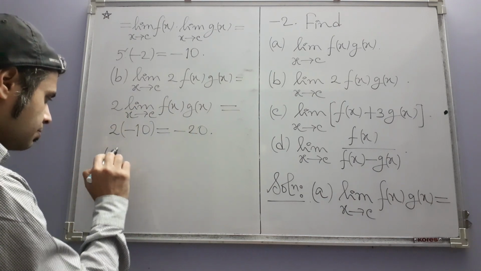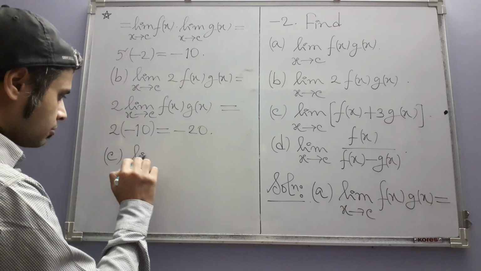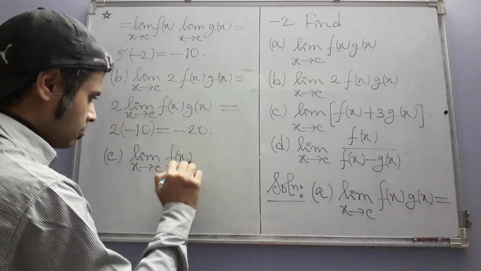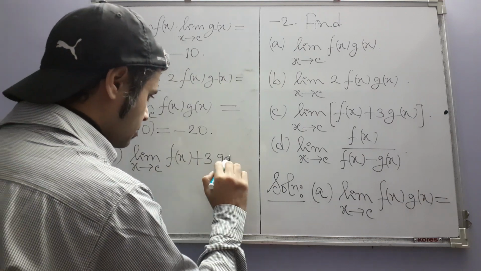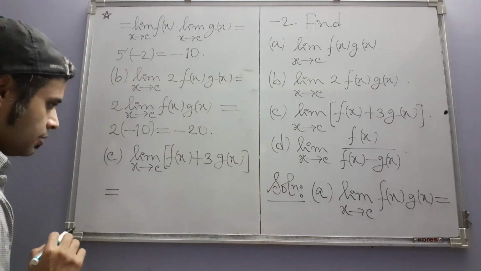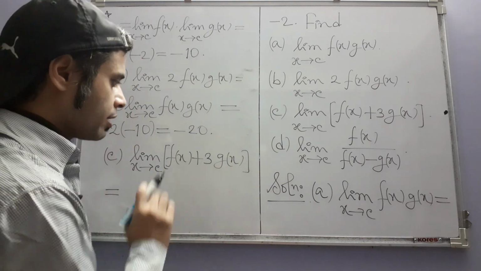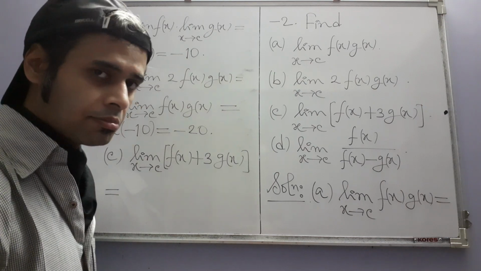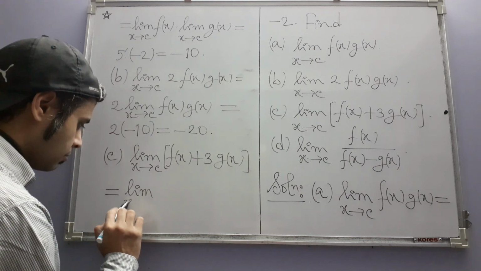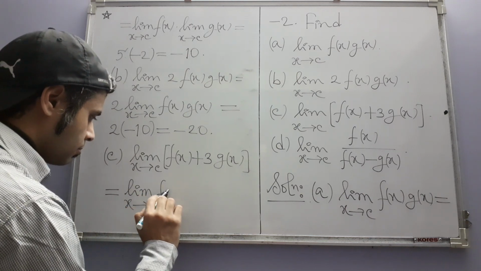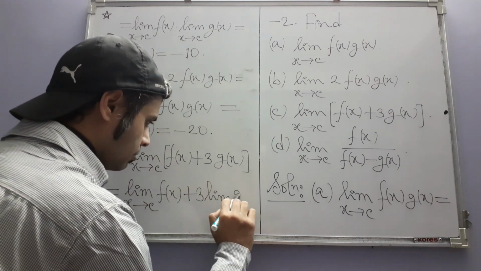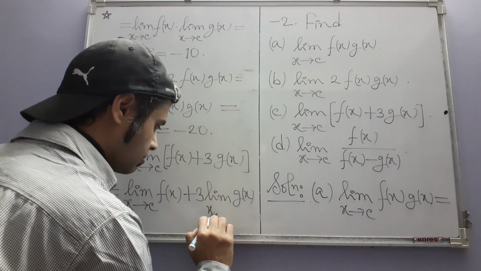Then part C, limit of f of x plus 3 times g of x is, if you use the sum rule and the constant multiple rule simultaneously, then this limit can be written as limit of f of x plus 3 times limit of g of x.